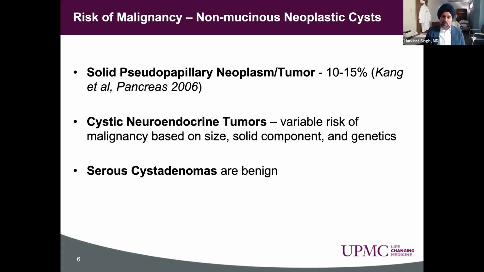These are the cysts which are solid and cystic. They happen in very young females, teenage to 20s. So if you're taking 100 of these out and 10 to 15% of them have an invasive cancer, you know that they are moderate to high risk. Because the patients are young, and this is a rare tumor, once we see this in a younger patient, it comes out because of the higher risk of already existing invasiveness.